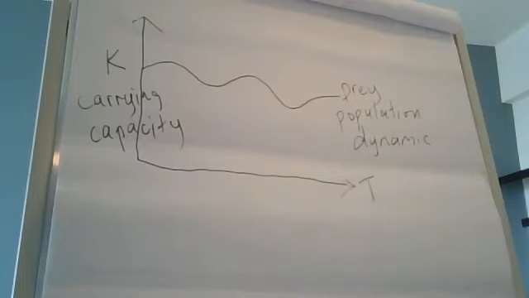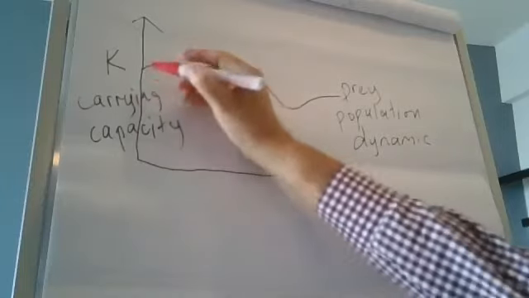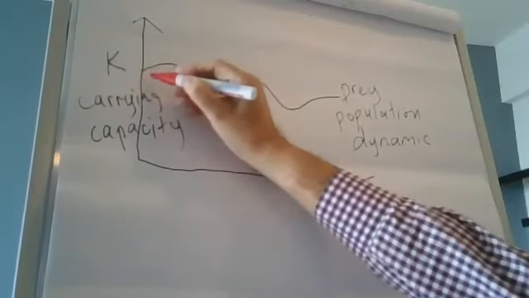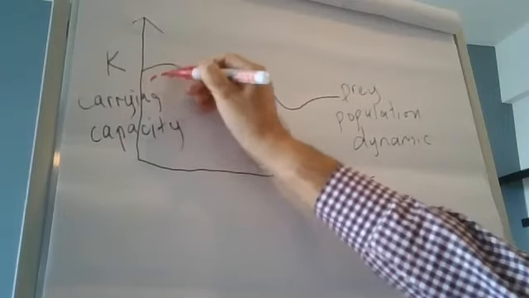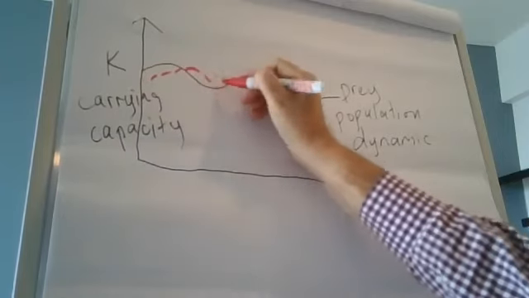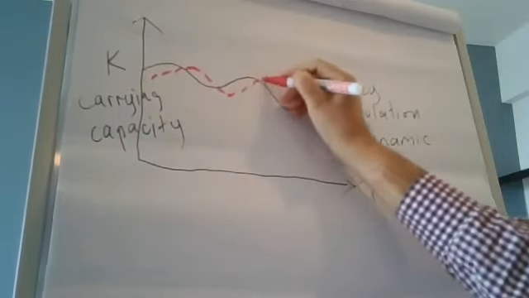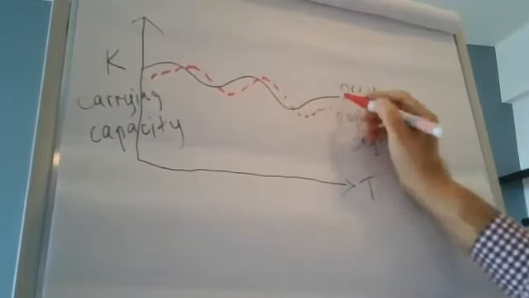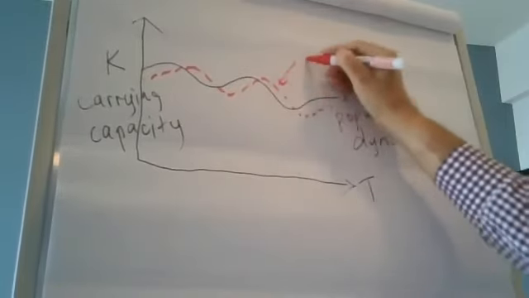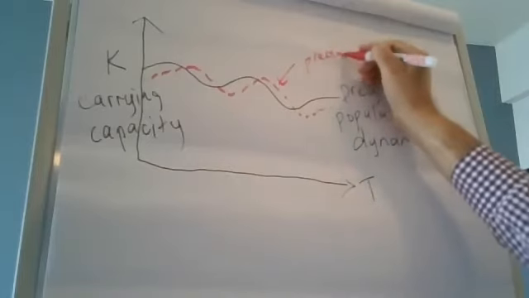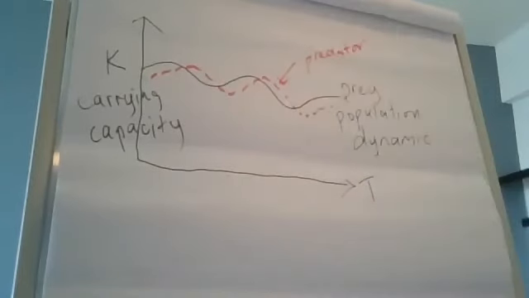The one in red is the predator. It can be any predator.